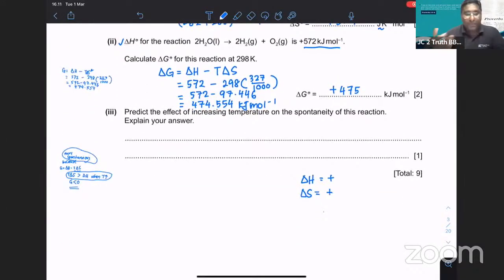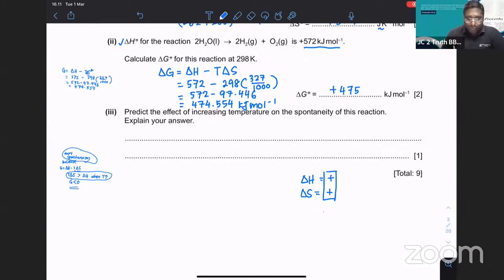Last time I told you that whenever we have the same symbols for the enthalpy change and entropy, we need to look at the temperature to find out under what condition this reaction is going to be spontaneous. This will apply for enthalpy which is negative, and entropy which is negative as well.